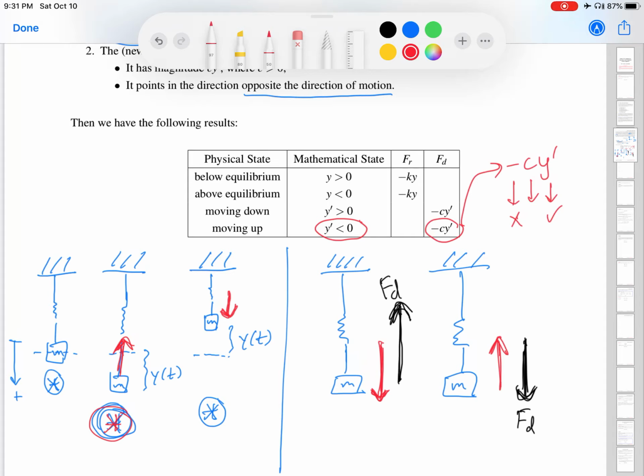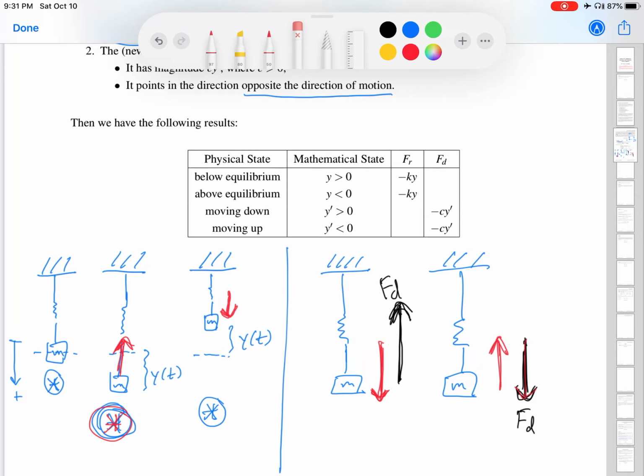So that fixes everything, because we have this negative times this negative makes it positive. And the c is already positive, doesn't change anything. So the outcome here is a positive number, which points down, which is our direction for positive. So that explains why this last row has minus cy prime in it, just like the second row.